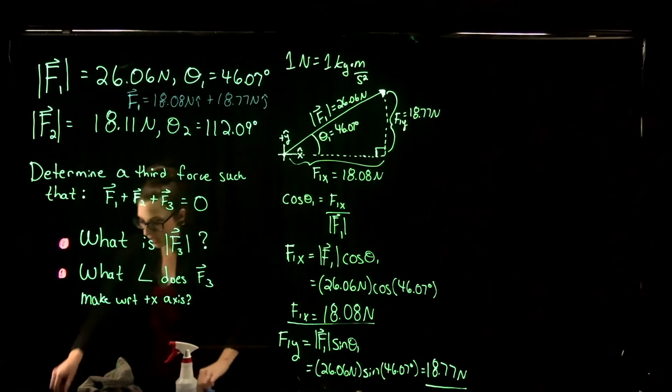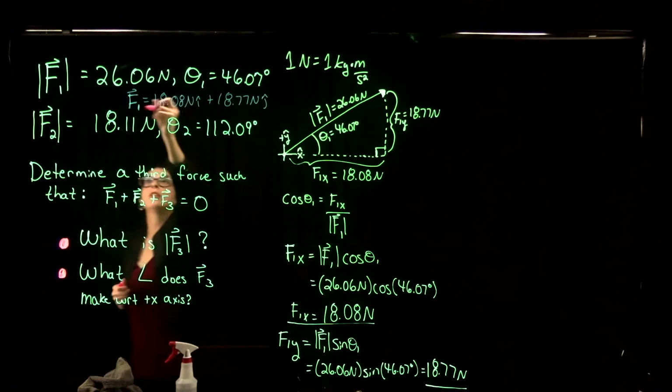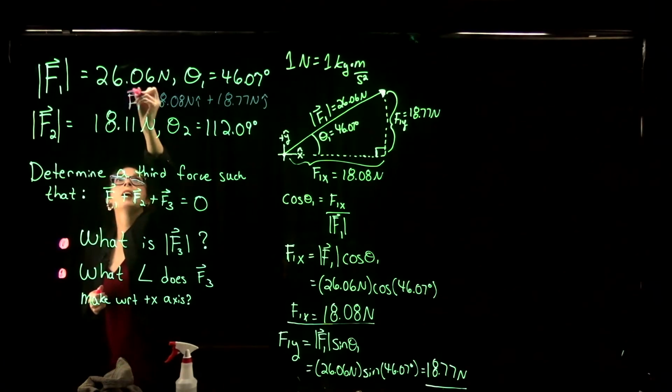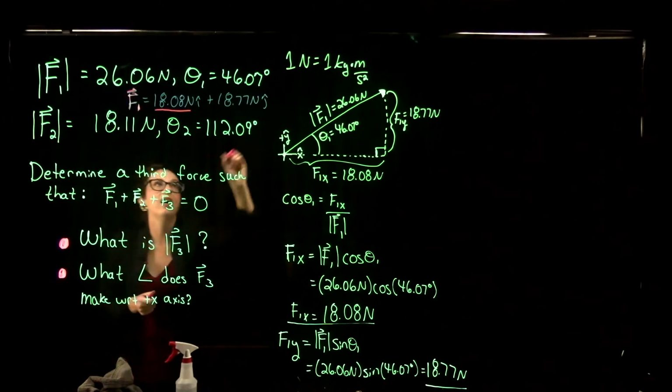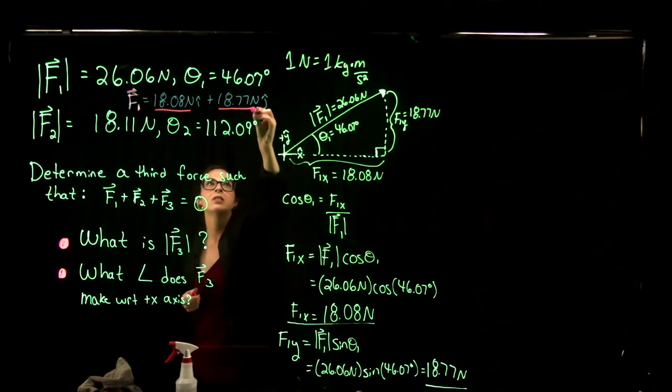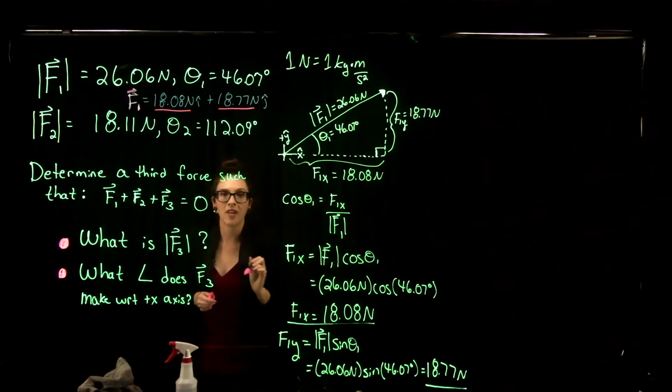So that's what vector F1 looks like in vector notation. I know that this component is the x component of that vector, and this component is the y component of that vector.